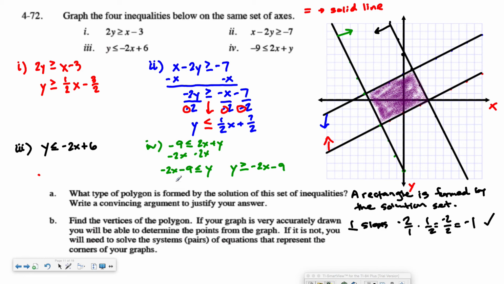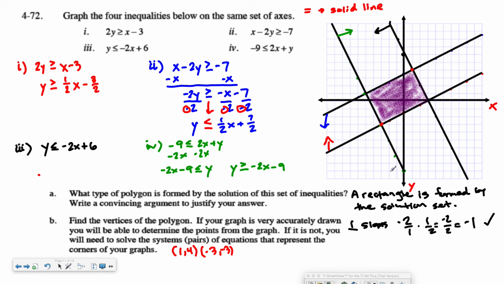First one here, we should have the point 1, 4. That would be this one, go over 1, up, that's the point 1, 4. The second point here, let's do -3, -3. So if I go back 1, 2, 3, down 1, 2, 3, that's where I'm at.